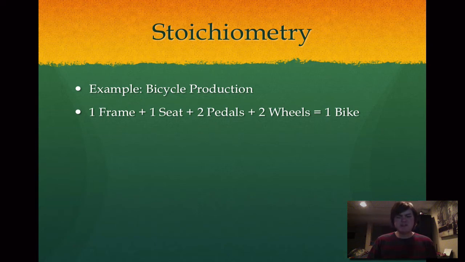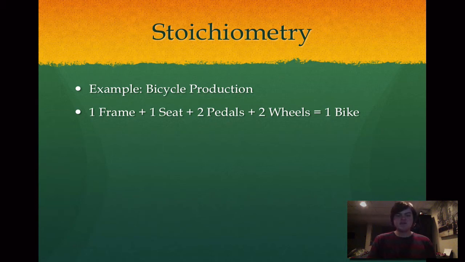I think we would define this as a combination reaction, as we are taking multiple reactants, combining them, and forming one product. So if we look at this, the molar ratios are derived from the coefficients.